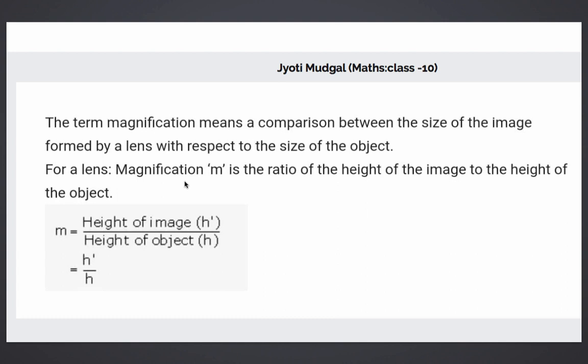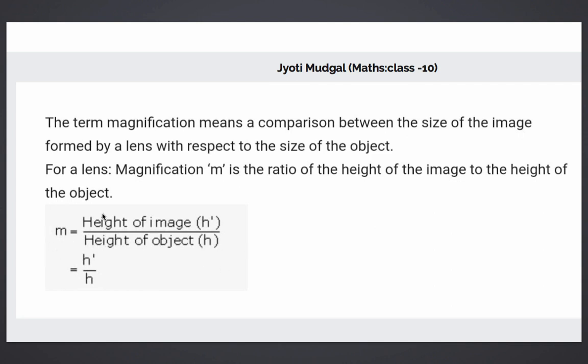For a lens, magnification M is the ratio of the height of the image to the height of the object. Clear, students? I can write it in formula form: M equals height of image h dash upon height of object h.